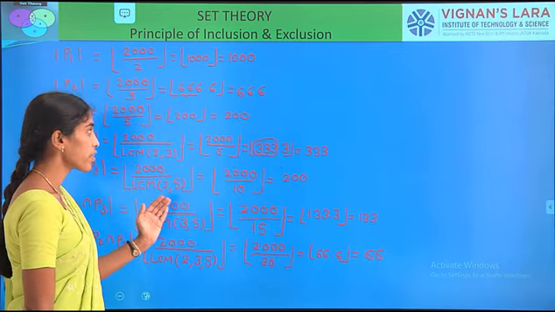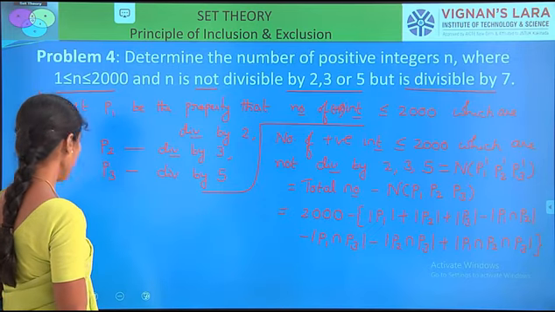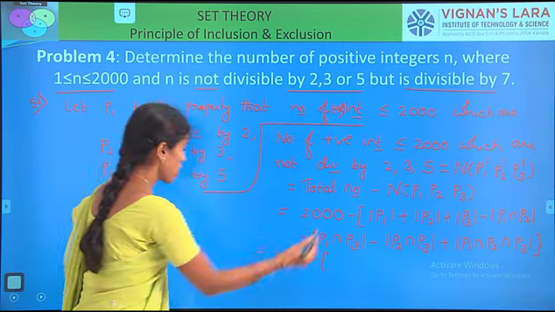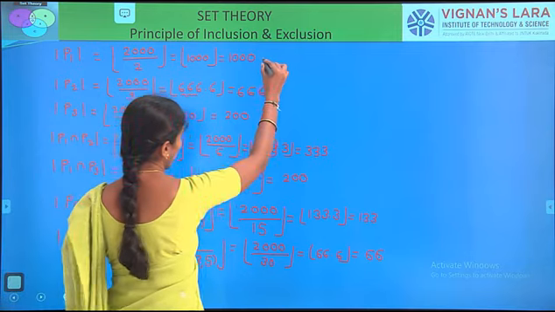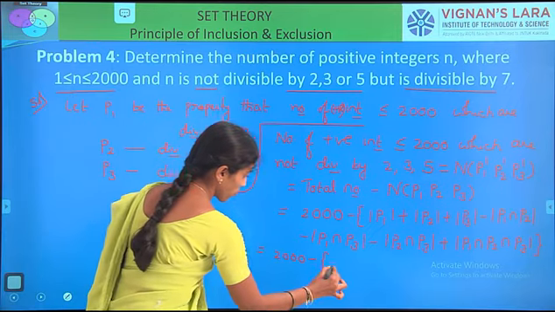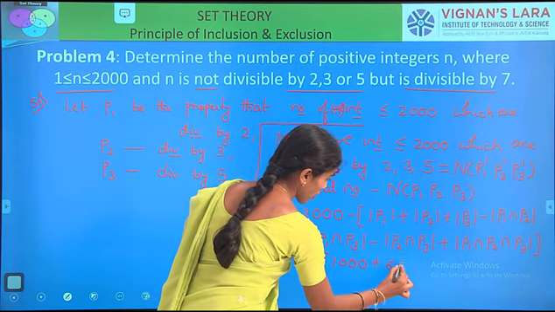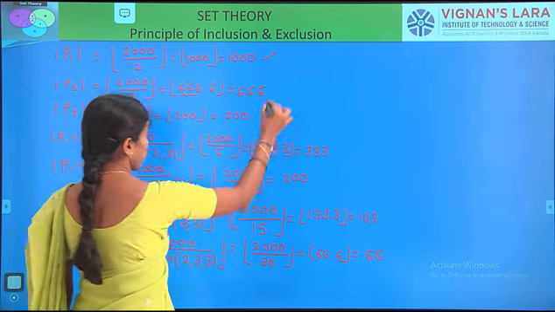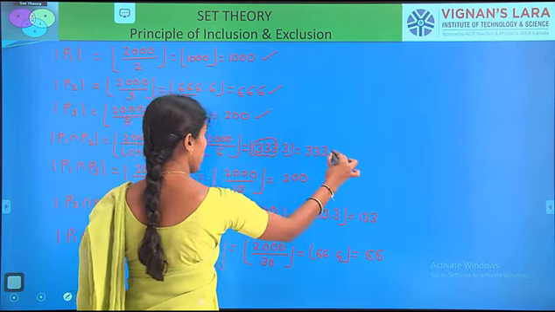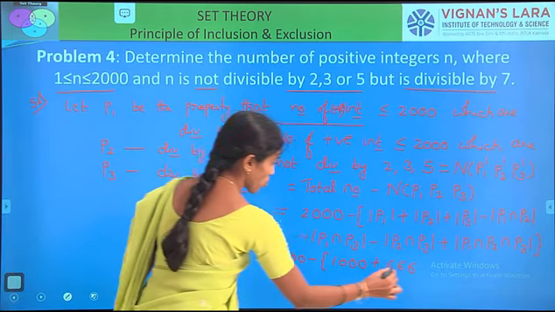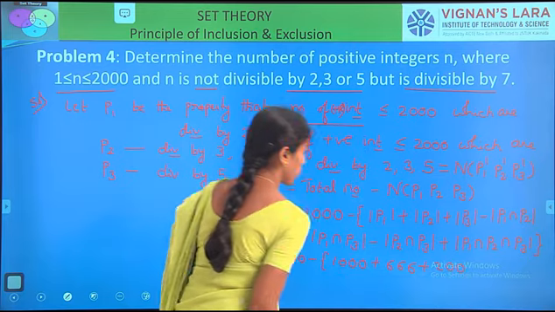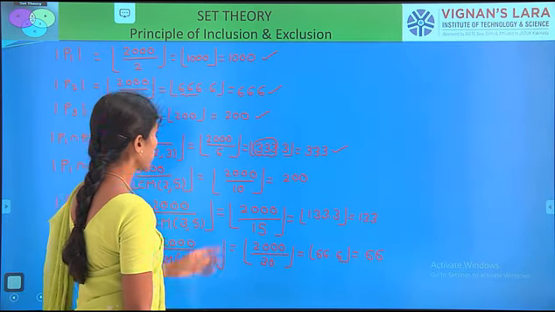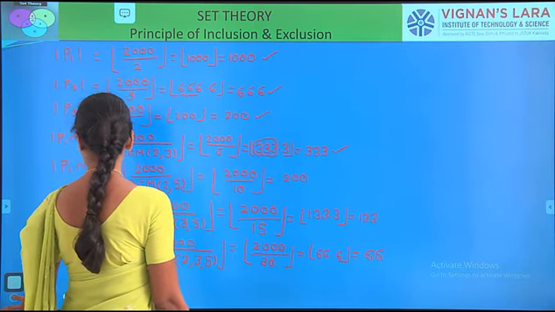Now we substitute all these values in the formula. So it is equal to 2000 minus the cardinality of P1, whose value is 1000, plus the P2 value, 666, next the P3 value, 400, so plus 400, minus P1 intersection P2, which is 333.